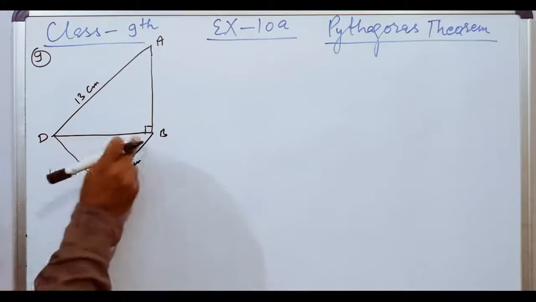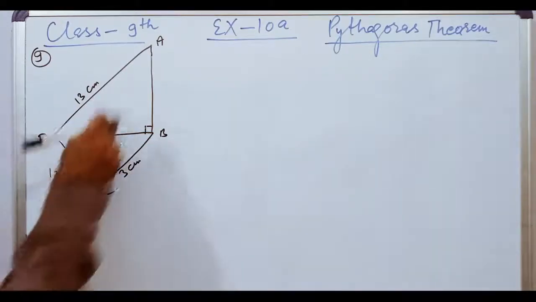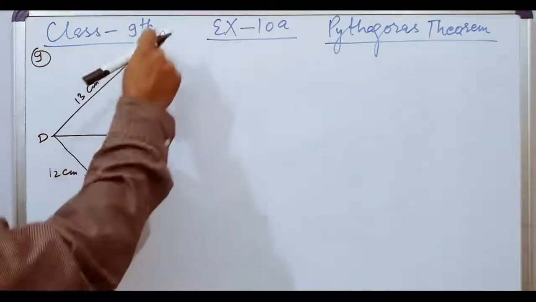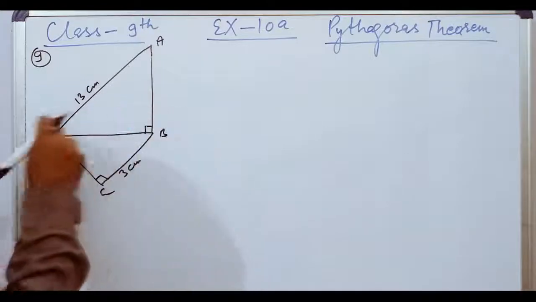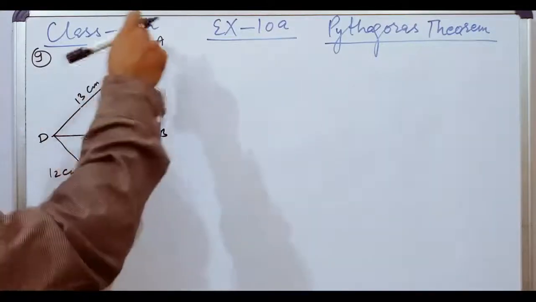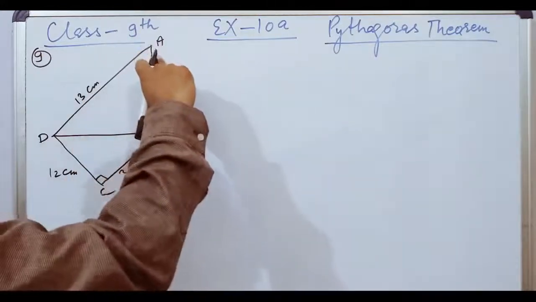So first we will find hypotenuse of triangle BCD. This hypotenuse will work as base for right triangle ABD. This will be base, and this is hypotenuse for right triangle ABD. Then we can find the perpendicular.